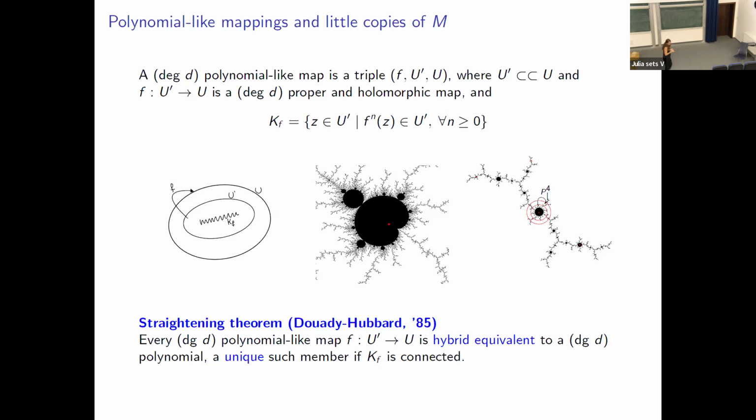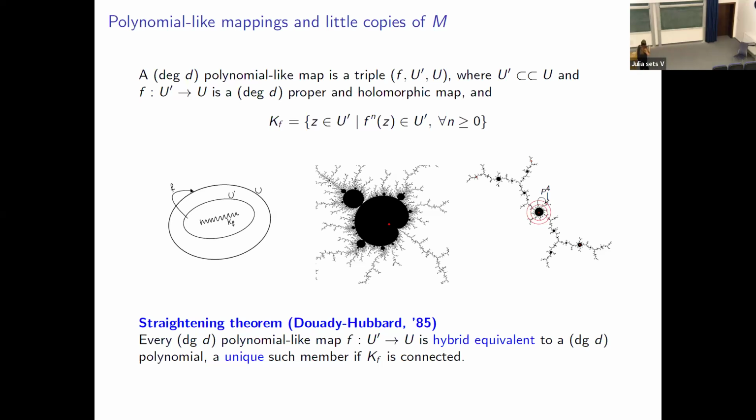More precisely, it's a triple. A degree D polynomial-like map is a triple (F, U', U), where U' and U are topological disks, U' compactly contained in U, and F maps U' to U properly, holomorphically, with some degree D. So here you have a picture.